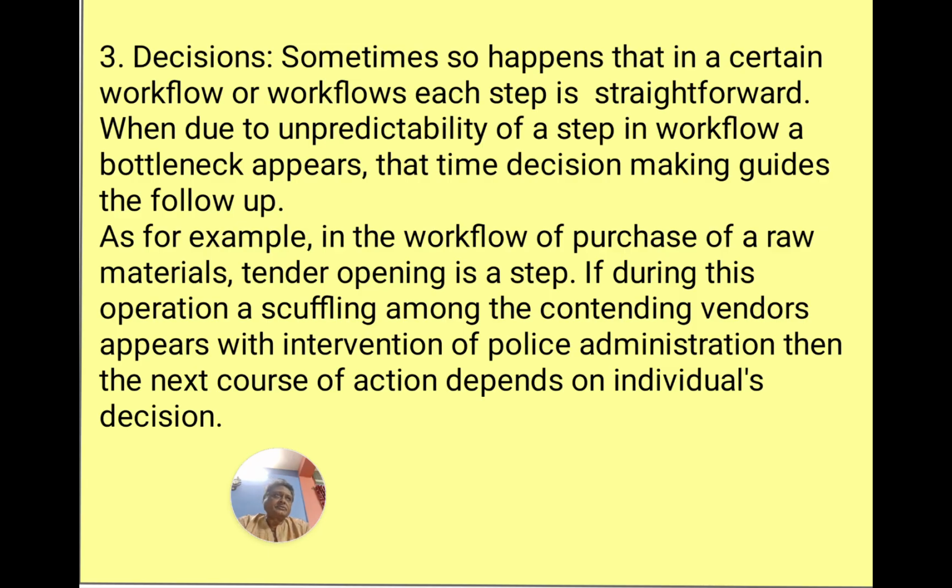In this case, what will happen? Should the officer or the person in charge of tender opening take forward the tender, or will he seek some other decision from the highest authority? Now what happens? The situation was unpredictable.